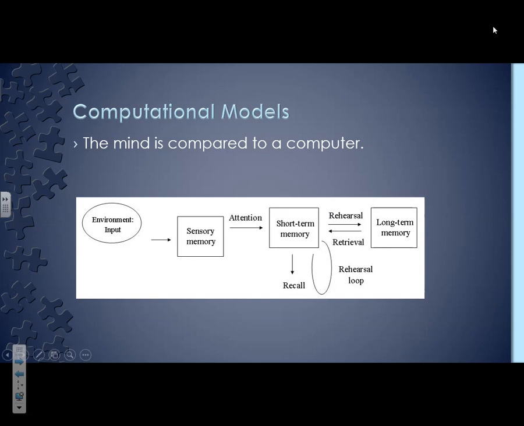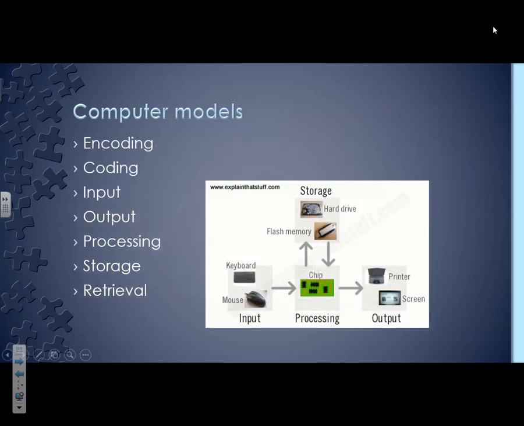The biggest belief of cognitive psychologists, developed around the 60s, was the fact that the human brain processes information like a computer. So we compare humans to computers, and I want you to think about that for evaluational purposes. Here we've got the short-term memory, environmental input, retrieval and rehearsal. If you have a look at all of these terms, they are all very closely related.